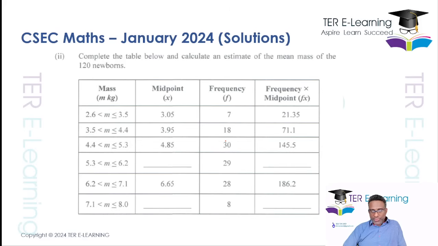Then we're going to take 5.3 plus 6.2 and divide that by 2. So this is 5.75 here. The next one is 7.1 plus 8 divided by 2. You're going to get 7.55.